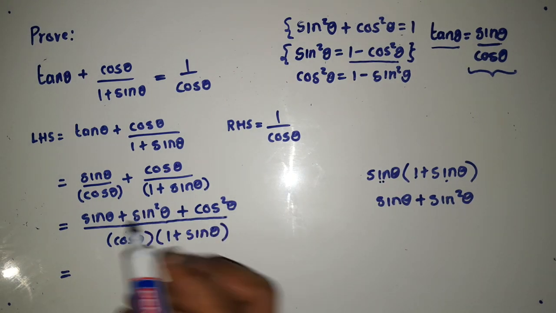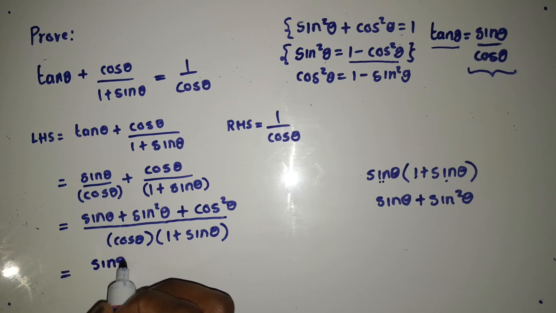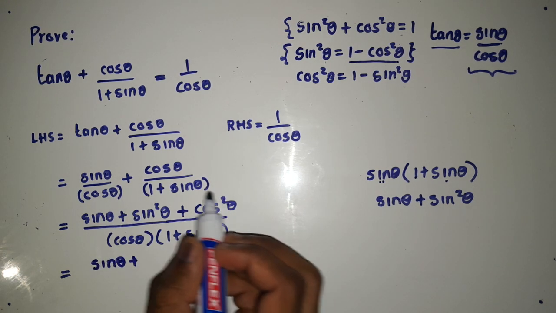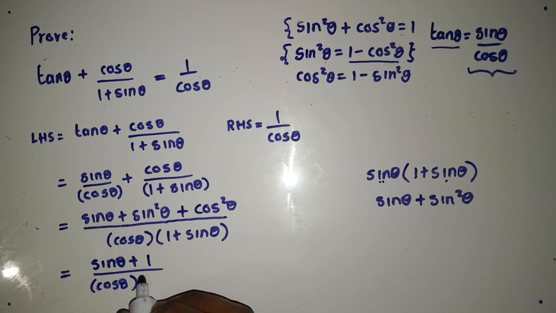Then this one is going to be now sine theta plus, this will change into 1. Then our denominator now we have cos theta, open bracket, 1 plus sine theta, like this.